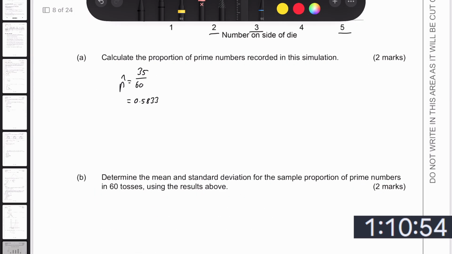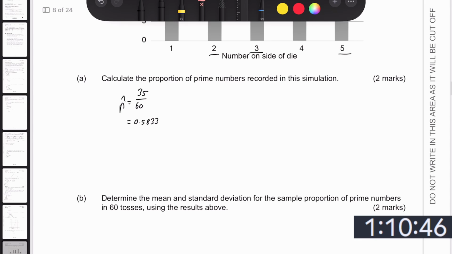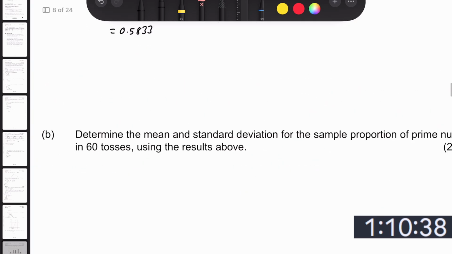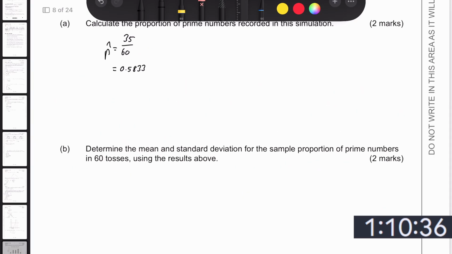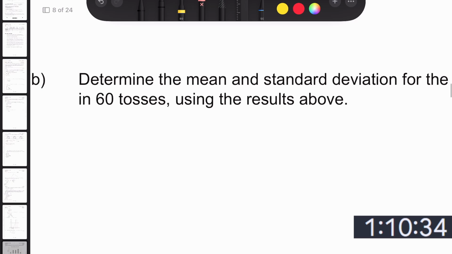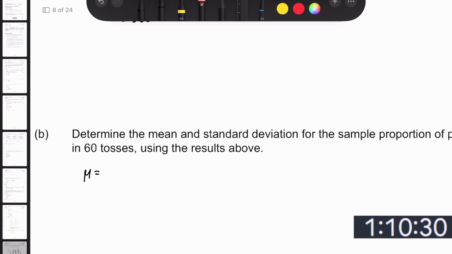Determine the mean and standard deviation for the sample proportion using the results above. Okay, it wants the proportion, so it's gonna be normal. So then the mean is gonna be just the p.